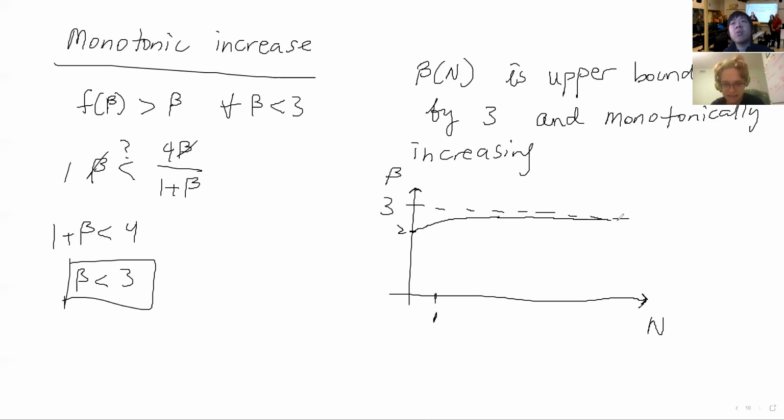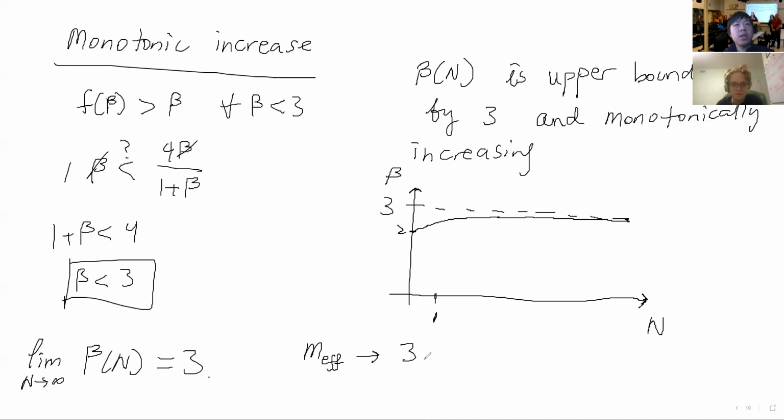So when we take the limit as n goes to infinity, beta of n has to be equal to 3. This is why the effective mass tends to 3 times m, and the tension is equal to 3 mg. All right.